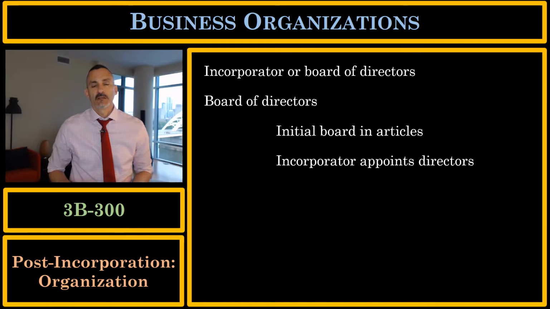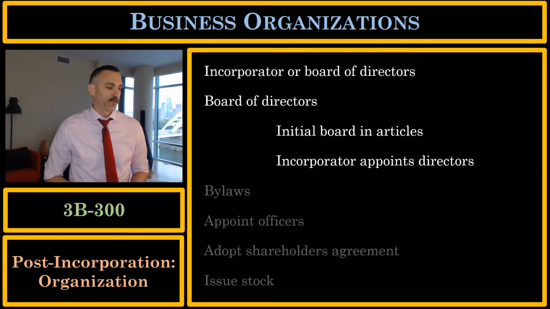So it would generally include your client and other people who your client designates, or other people your client is setting this corporation up with. Or the incorporator can appoint the directors. So the initial directors either come from the initial articles of incorporation, which will list the initial directors, or the incorporator can appoint the initial board of directors.